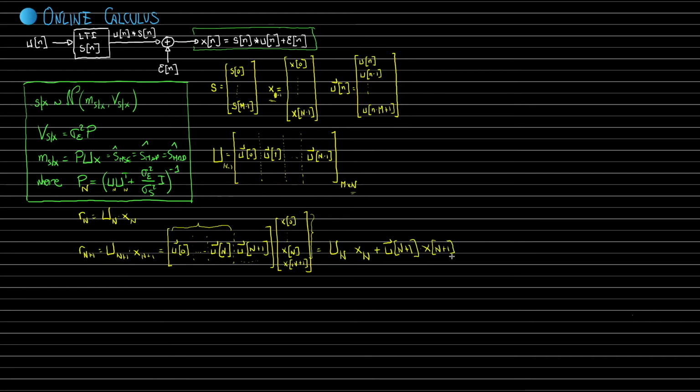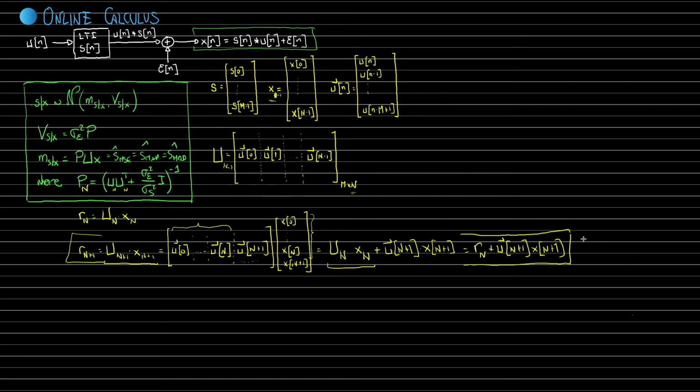Okay, and now we can see that this term here is exactly the same term here but at time n, so this is Rn plus u n plus 1 x n plus 1. So we have a first equation that could allow us to compute R iteratively.